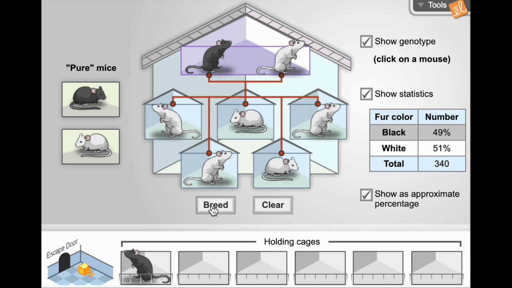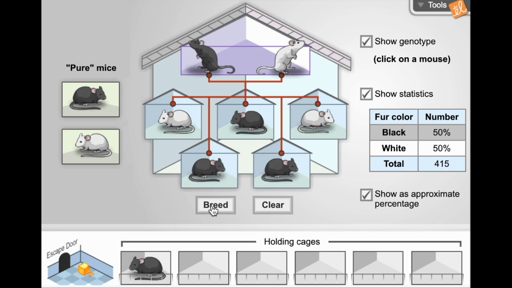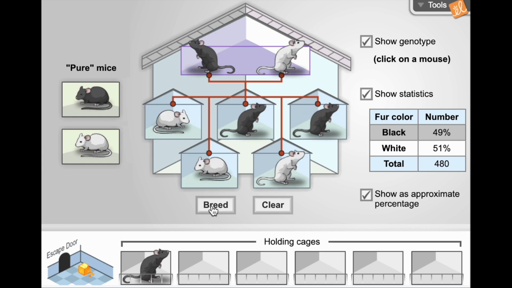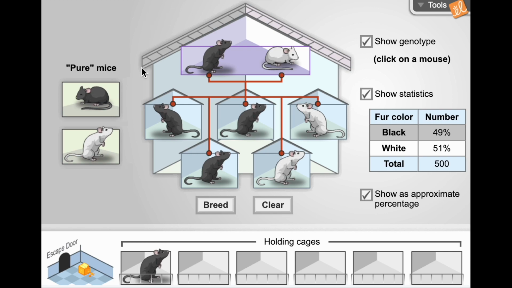Let's see if we get all white mice in there on this demo. There's an all white mouse. So there's a lot of variety in this offspring when we breed this purebred mouse and this heterozygous mouse that we see here.